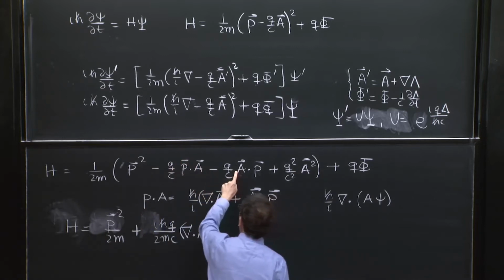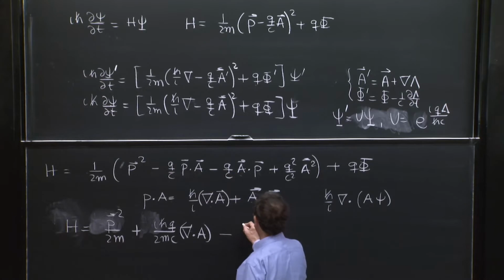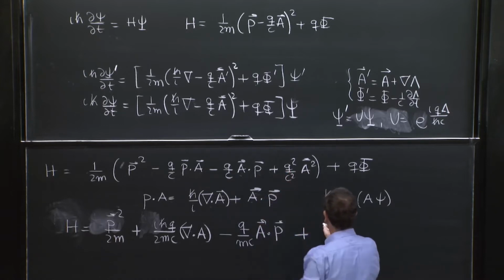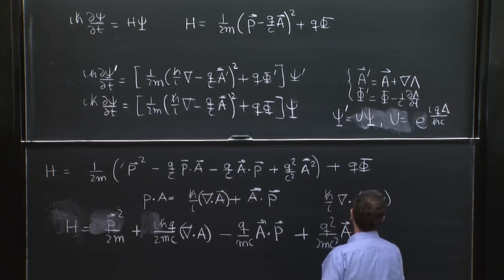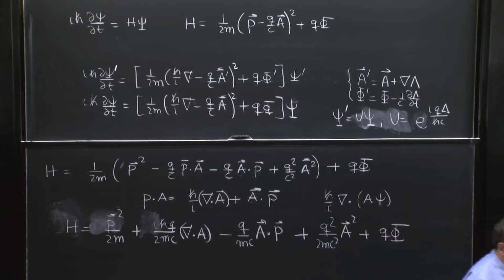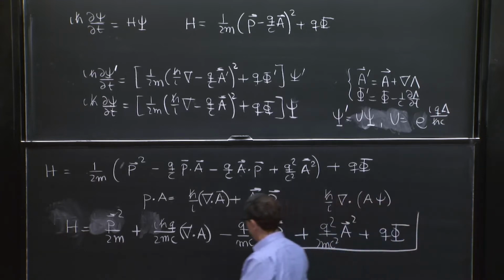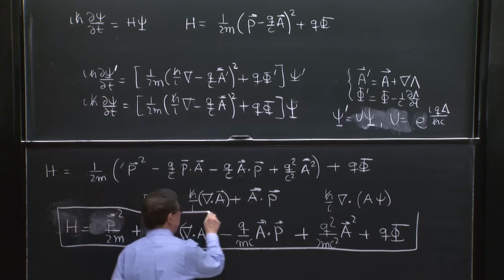Then you have this term twice, so minus q over mc A dot p, plus this term, q squared over 2mc squared A squared, plus q phi. So that's the Hamiltonian. Let me just make sure I got it right. P squared over 2m plus i q h bar, yep, minus q A p, yep, q squared. Well, that's right. Okay, so this is our Hamiltonian if you just want to write it very explicitly.